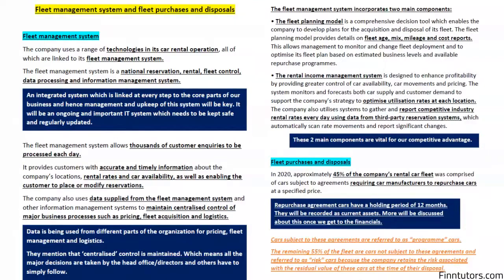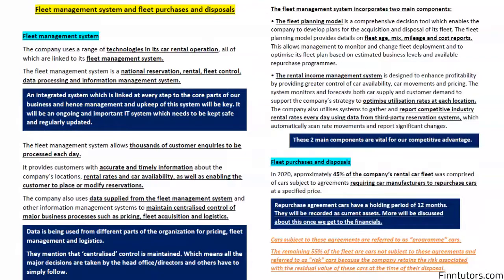Next, the fleet management system incorporates two main components. The first component is the fleet planning model. The fleet planning model is a comprehensive decision tool which enables the company to develop plans for the acquisition and disposal of its fleet.